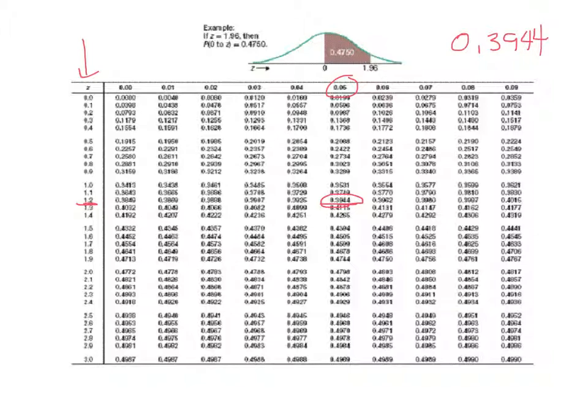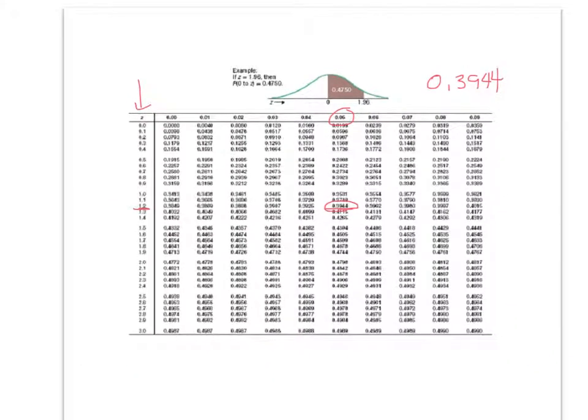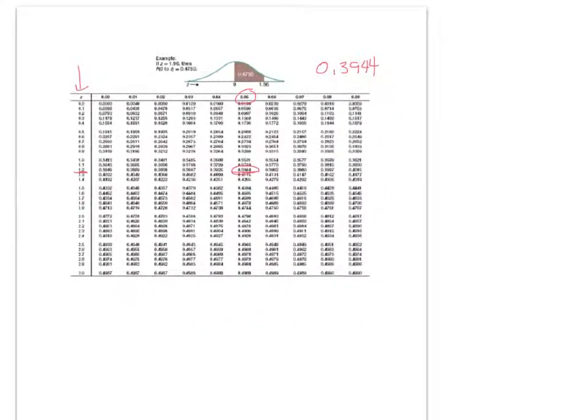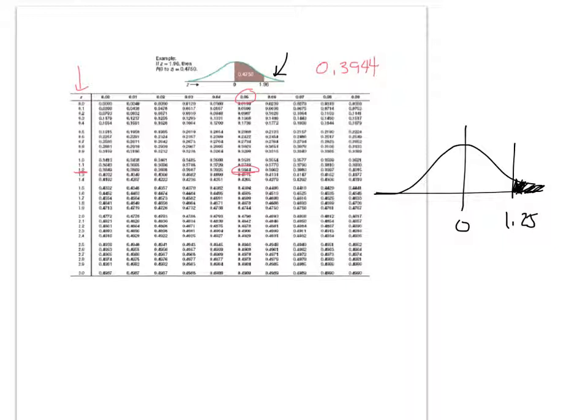But we're not finished, because I want you to recognize this picture versus what our picture looked like. Our picture looked like this. We had 0, we got 1.25, and I wanted to find that area. Notice up here, that's the area I'm looking for, but the table shows this brown area. I don't want that area.